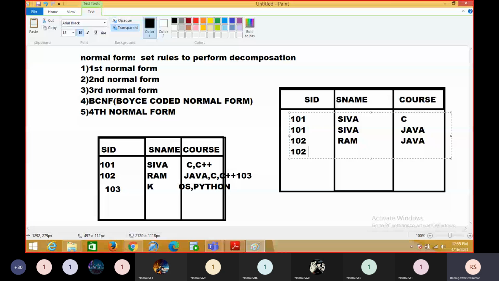Are you understanding or not? Instead of multiple values, we are inserting a single value. 1 or 2, to avoid the data inconsistency problem. Program that contains C++, three values completed. Next, 103. 103 has OS. Next, having 5.